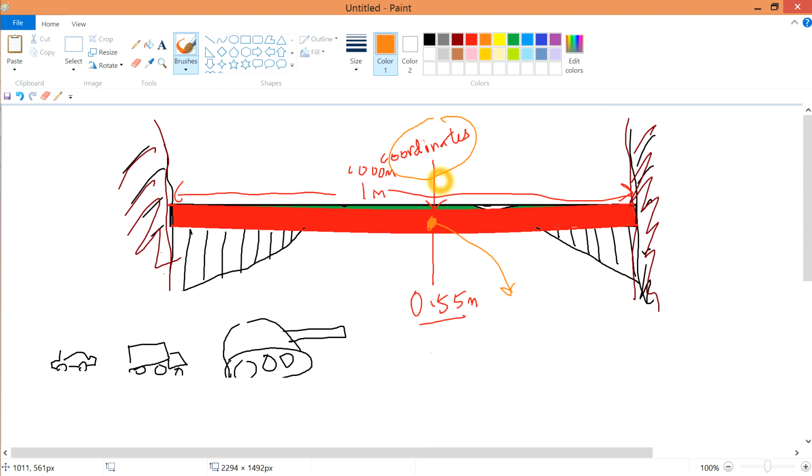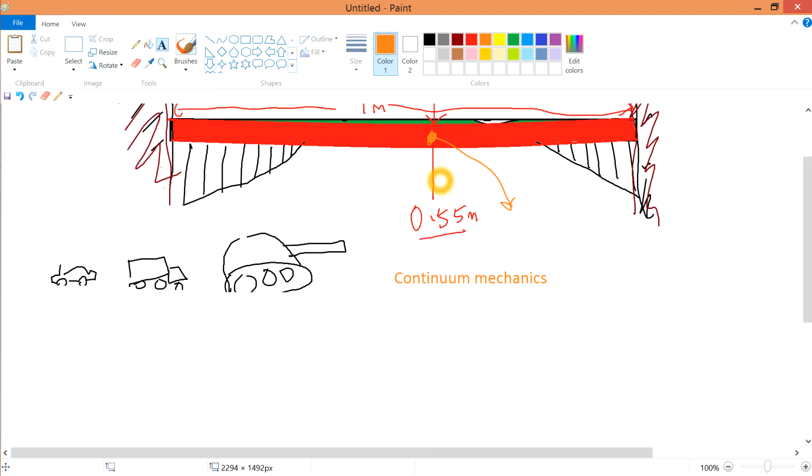And this is, I believe, the reason behind what we're going to study, which is continuum mechanics. Continuum mechanics considers a continuous body, meaning it does not break.